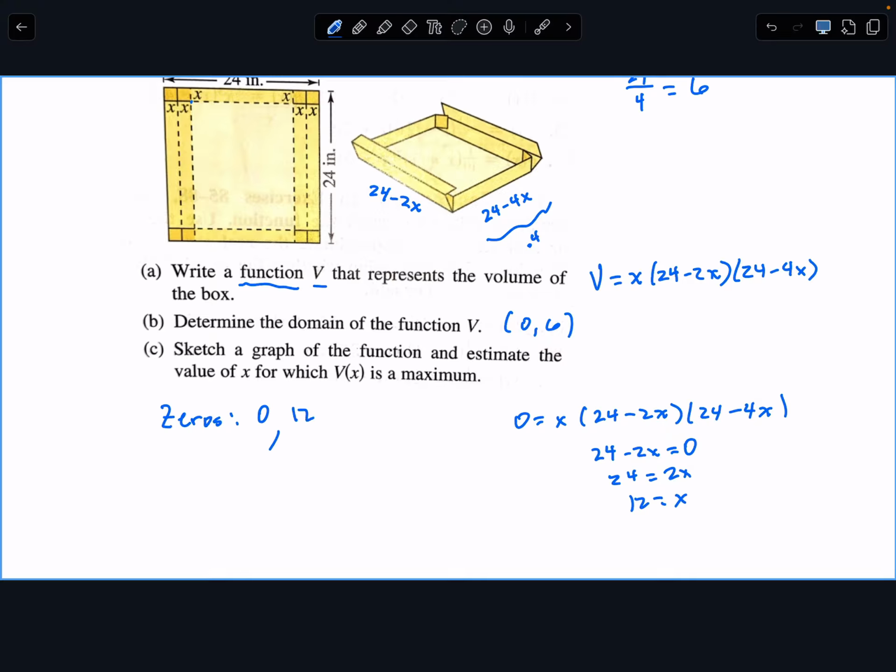And similarly, if I solve for what makes 24 minus 4x 0, I get 6. So I'm going to put those in a number line. We have 0, we have 6, and we have 12.